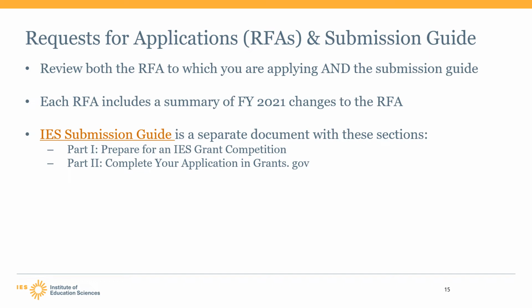These sections include overview and general requirements, which includes a summary of changes to the RFA from the previous competition, topics, project type requirements and recommendations, appendices and other narrative content, competition regulations and review criteria, and compliance and a responsiveness checklist. IES has developed a separate submission guide which contains important information about submission procedures and IES-specific guidance and recommendations to help you ensure your application is complete and received on time without errors through grants.gov.